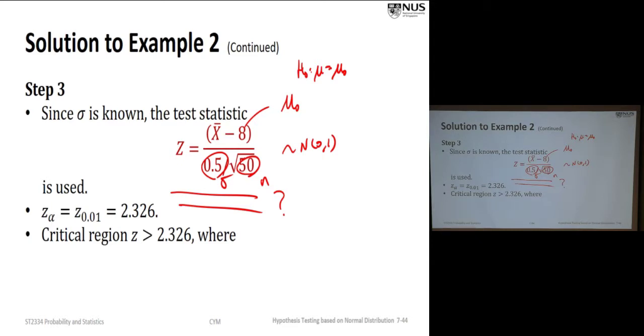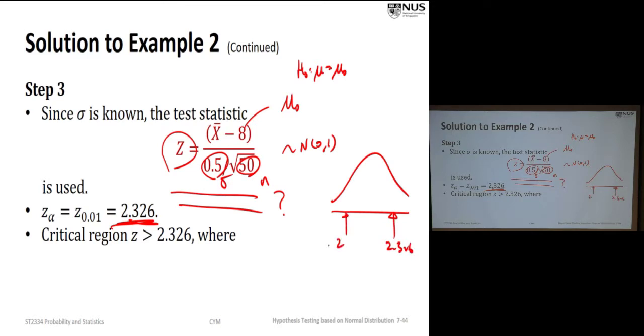So we apply the central limit theorem. It is not exactly standard normal, but approximately normal. So from there, I know how this behaves, so I can get this value, 2.326. 2.326 is one side. So this is 1%.